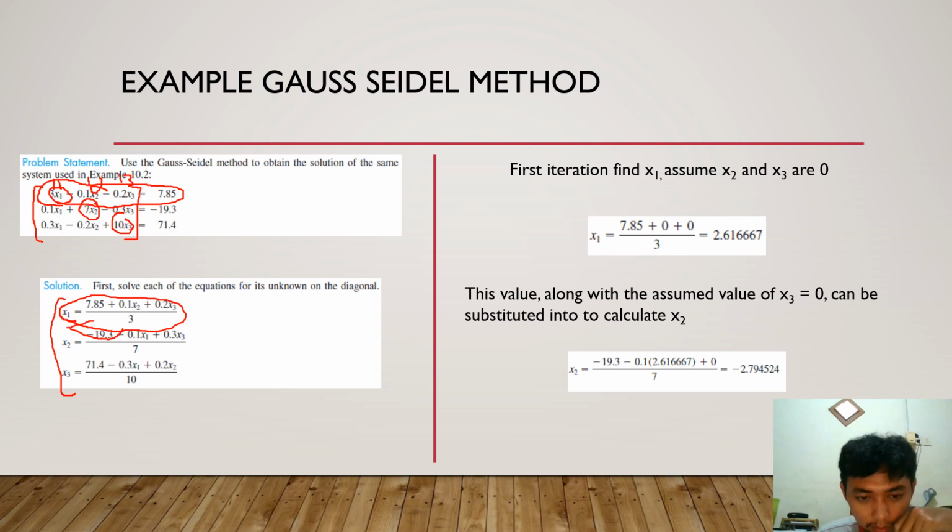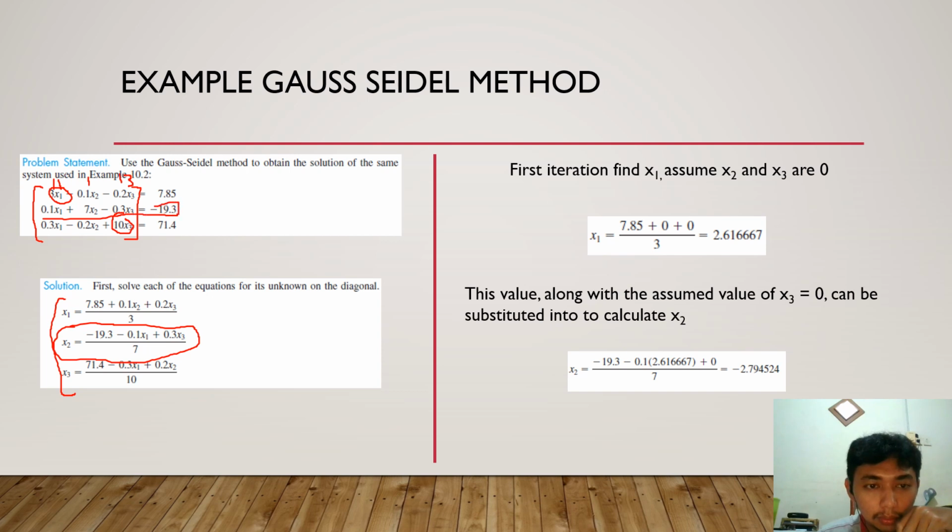And the second row is right here. We take out the x2 for this row. Then this is the third row. Here we take out x3.